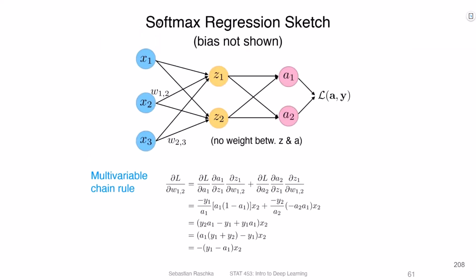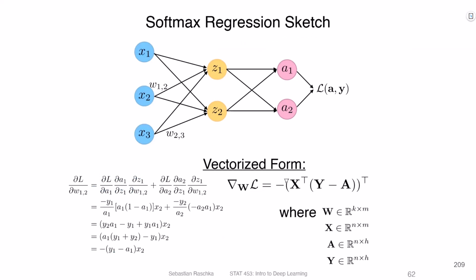Therefore, for softmax regression, the gradient of the loss becomes this equation. So you just need to combine these parts. Another thing is, you can vectorize this formula. Therefore, the gradient of the loss with respect to W becomes this: the output minus the A matrix times A transpose, transposed again, with a minus sign here.